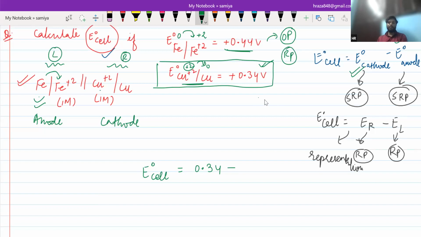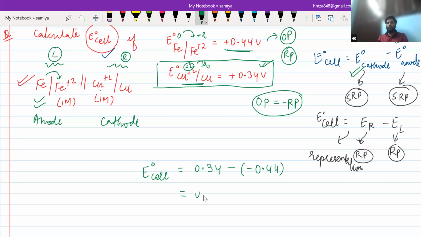What I told you in the previous class is that oxidation potential is the negative of reduction potential. Whatever is given as positive, we have to take as negative, because they are opposite in charge. Oxidation potential and reduction potential are numerically equal, but whenever we calculate E naught cell, we need to put the value of reduction potential, not the oxidation potential.